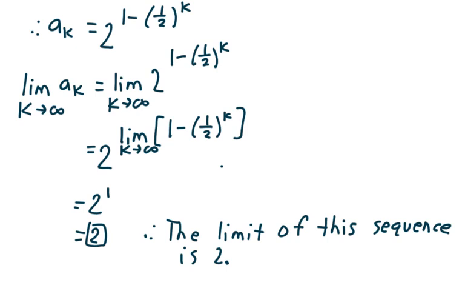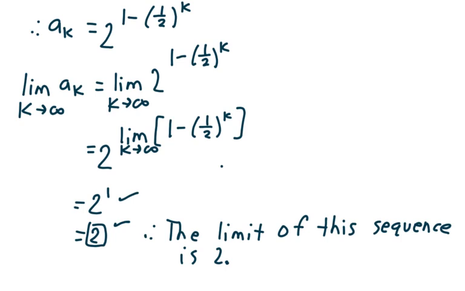The limit as k goes to infinity of a sub k is equal to the limit as k goes to infinity of 2 to the 1 minus 1/2 to the k. And so what I can do is then write it as 2 to the limit as k goes to infinity of 1 minus 1/2 to the k. And this is equal to 2 to the first, which is equal to 2. And so the limit of this sequence ends up being 2.